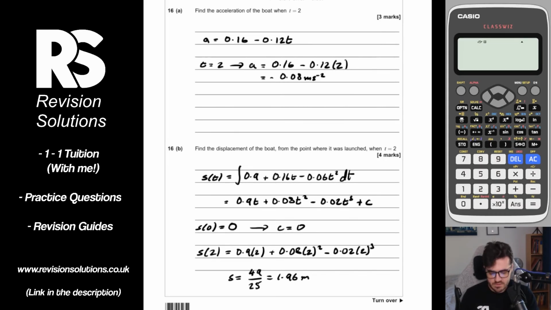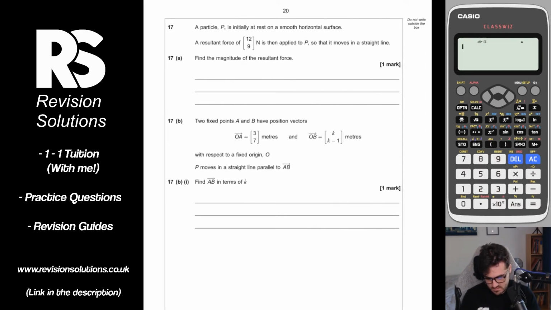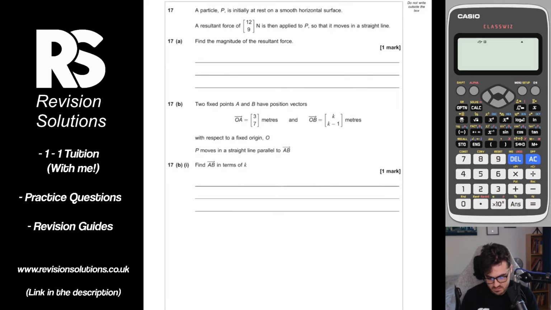Moving on now to question 17. It says a particle P is initially at rest on a smooth horizontal surface. A resultant force of 12, 9 newtons is then applied to P so that it moves in a straight line. Find the magnitude of the resultant force. So that's just using Pythagoras on our resultant force vector.